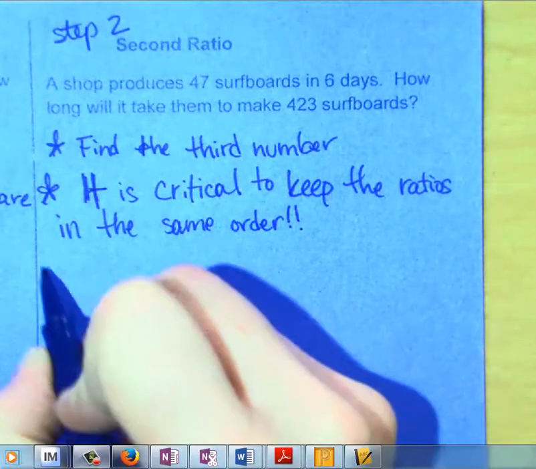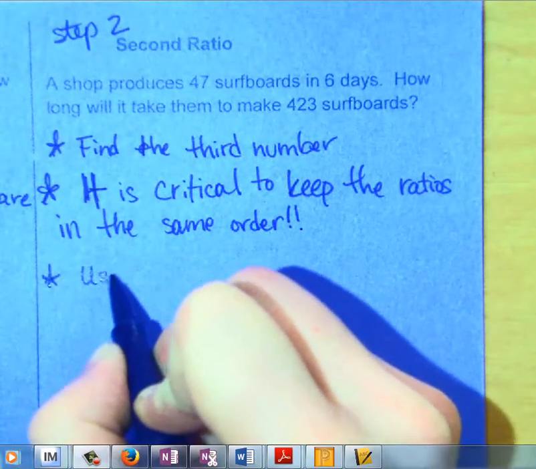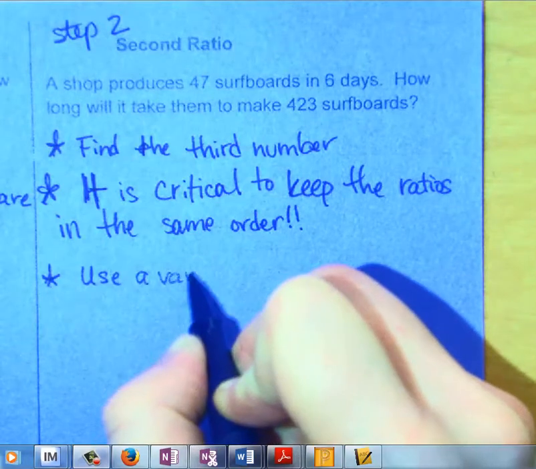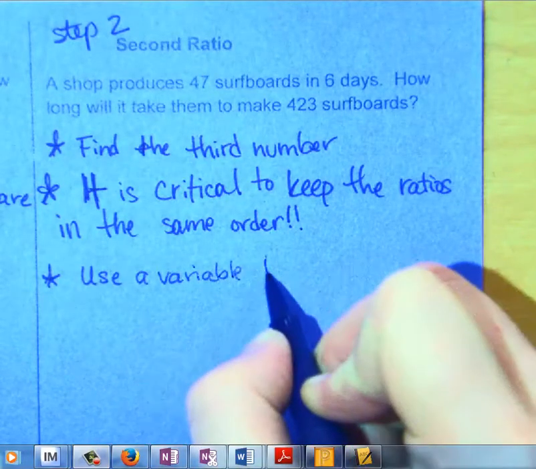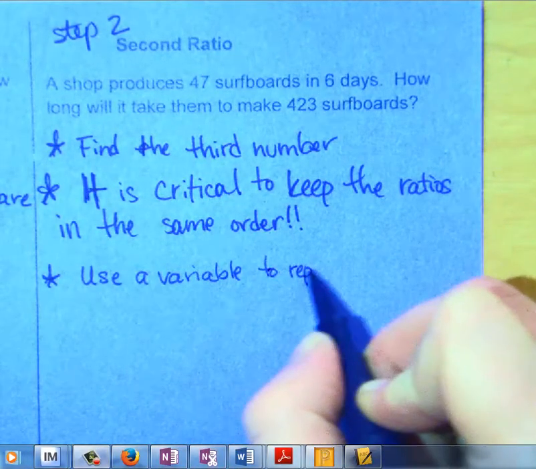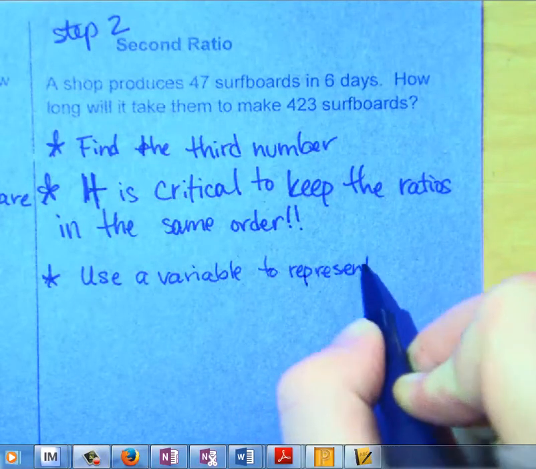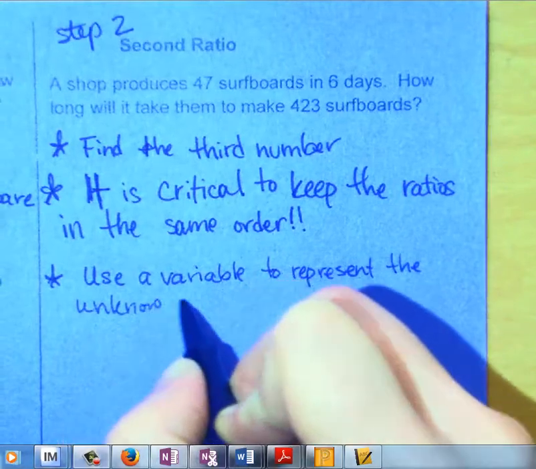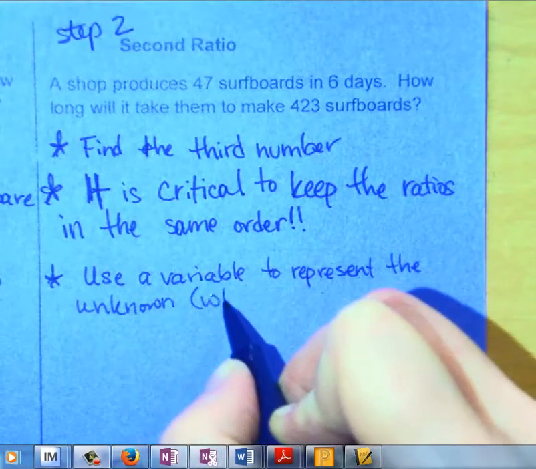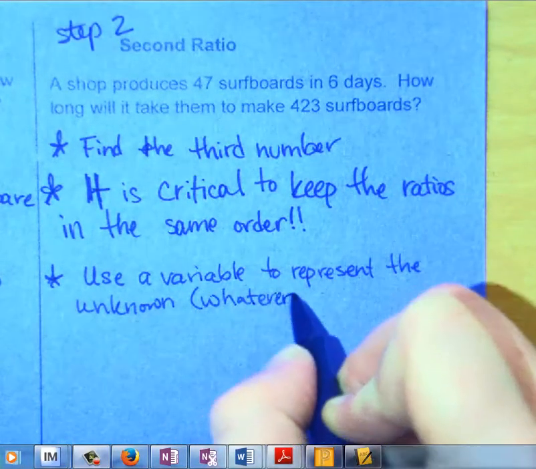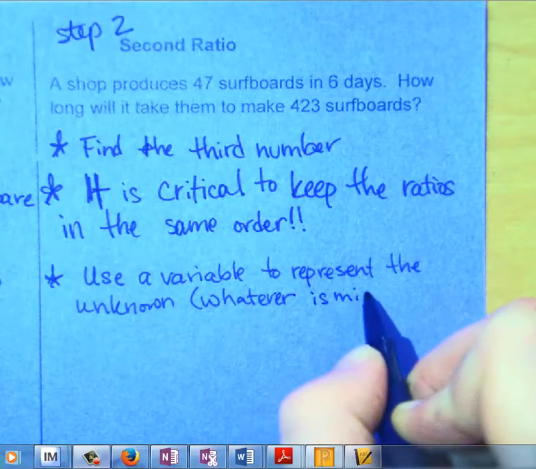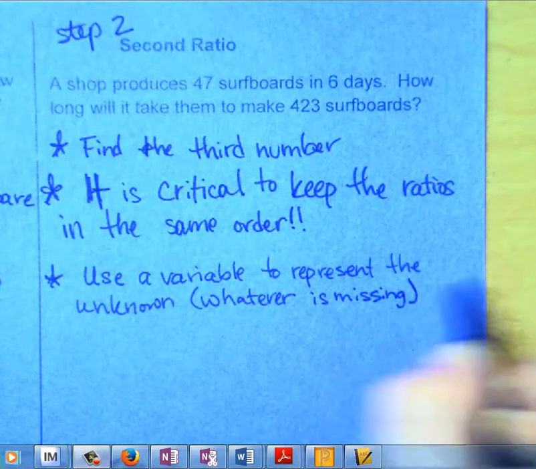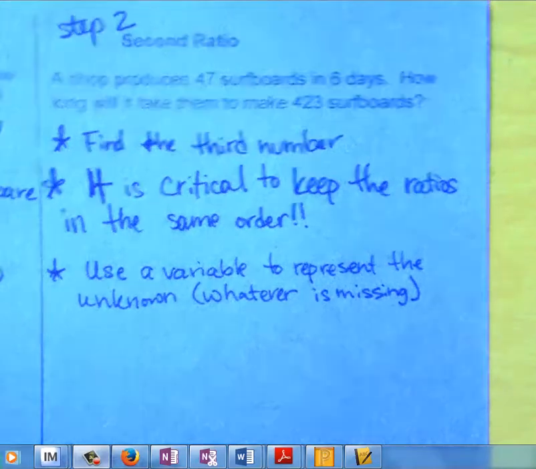And we're going to use a variable to represent the unknown. That's going to be whatever we're looking for. What's that fourth number? We don't know what the fourth number is. That's what we've got to figure out.